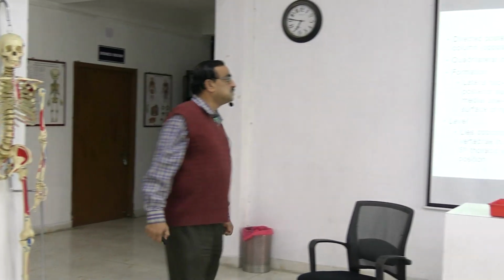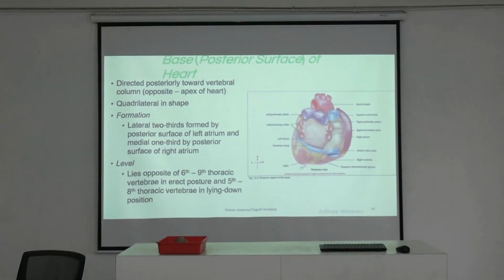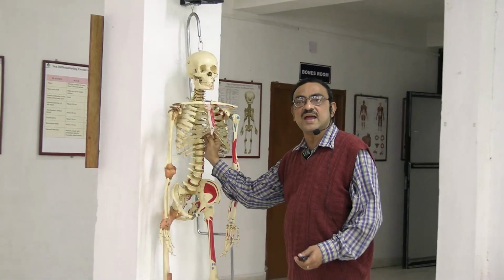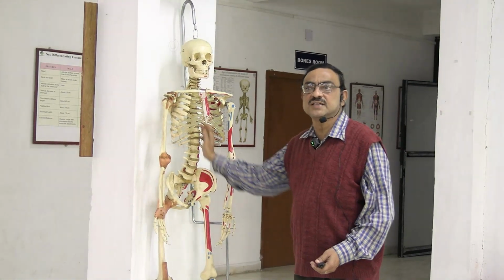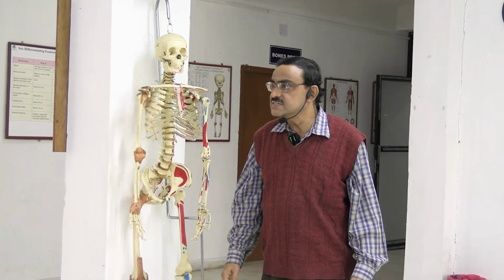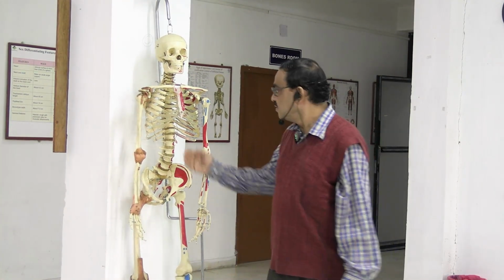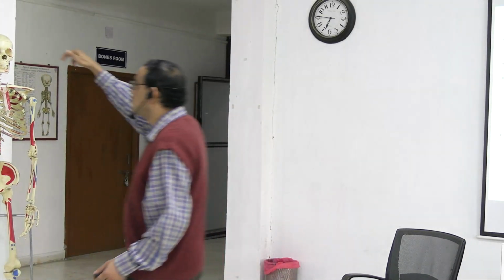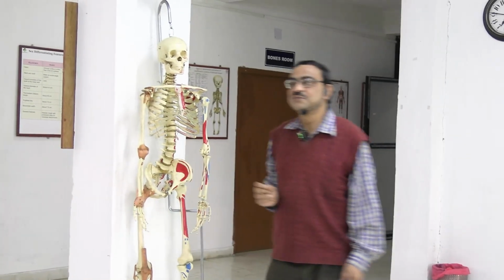And this base is very important. It is posteriorly placed. Behind the base, what will we get? The structures of the posterior mediastinum. We know the structures in the posterior mediastinum: one is the food pipe coming down, that is the esophagus.